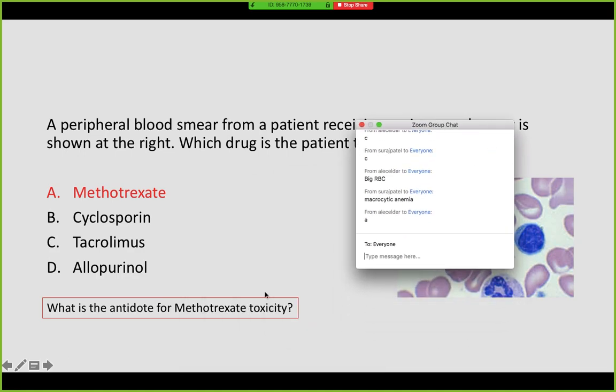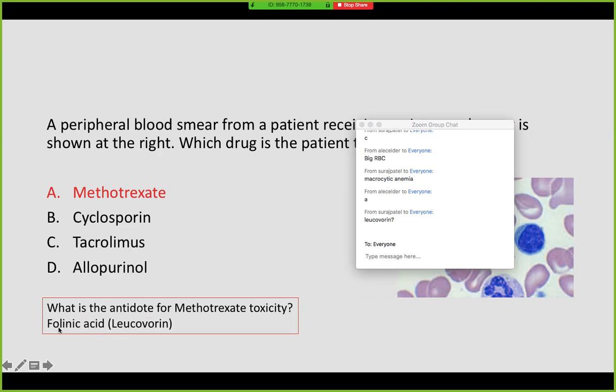And then what's the antidote for methotrexate toxicity? Right, leucovorin. So leucovorin is also known as folinic acid. So your megaloblastic anemia due to a folate deficiency, you're going to give leucovorin or folinic acid in order to replenish the folate pool.